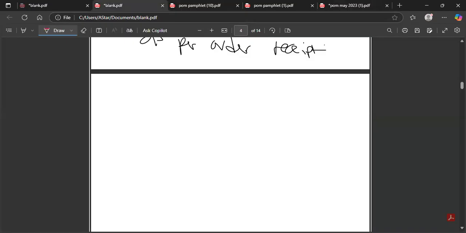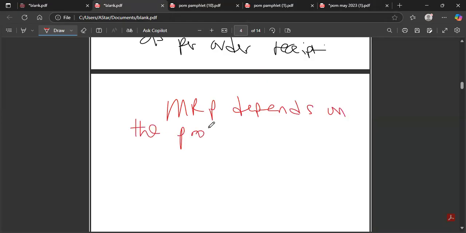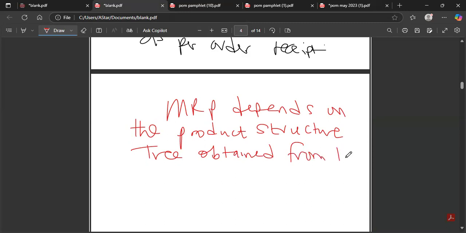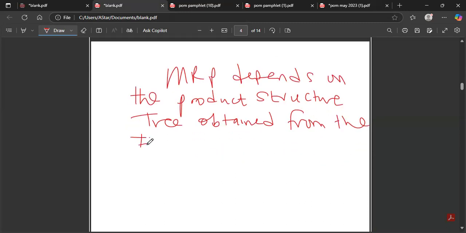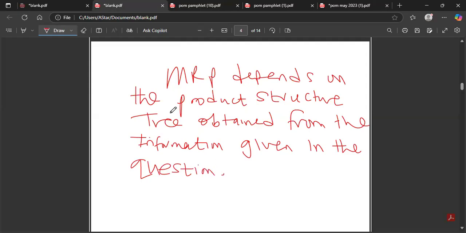So MRP depends on the product structure tree obtained from the information given in the question.